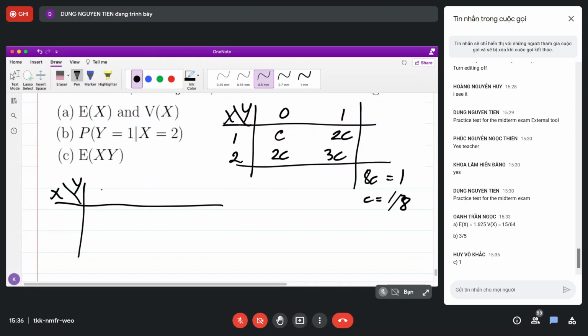Okay. Now let's move on with another problem. This problem is quite simple, so I will skip this one. But I still want to put it here in case you want to know how to solve the problem. For this, you need to determine the value of C. All right, and after that, you can find the expected values of x and y. Okay, so may I skip the problem?